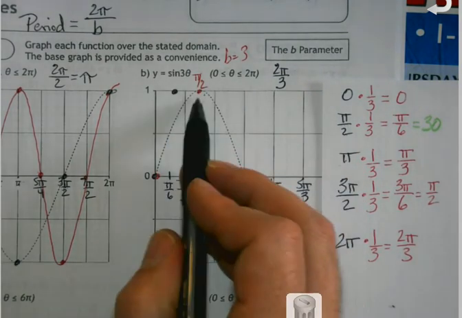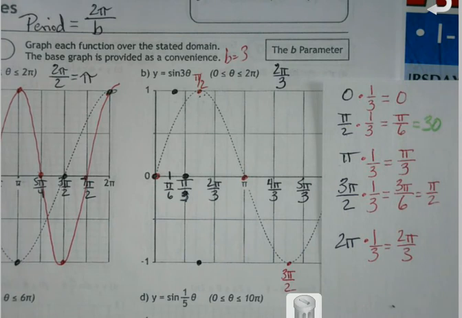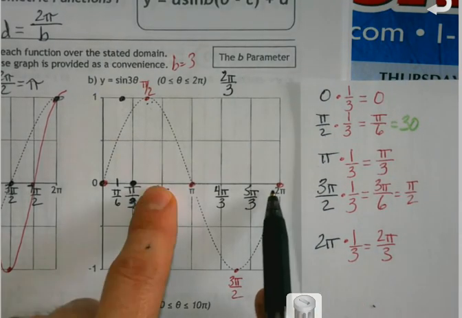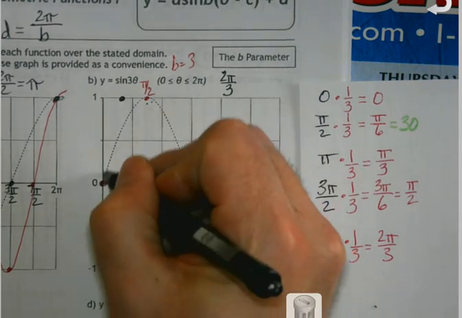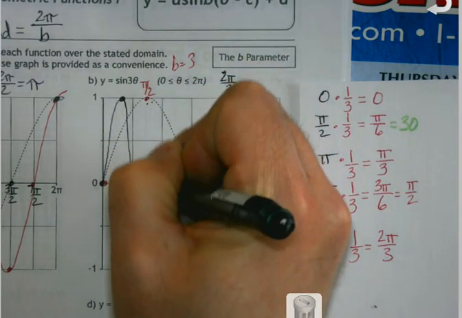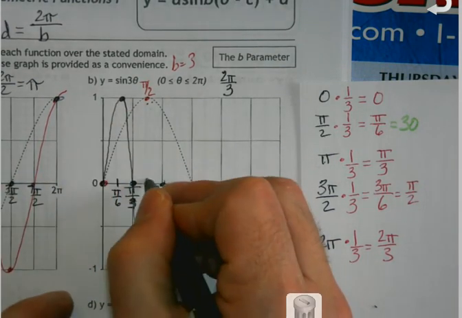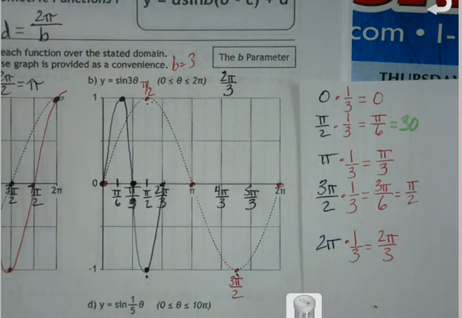See, that's why it's good to have that base graph, because I still had the pi over 2. I didn't even have to go searching for it. And then what I had at 2 pi now shifts over to 2 pi over 3. And take a look at how much we squished that sucker. The one that was originally at 3 pi over 2 moved here, and I can even put this in here if you want me to, is where that pi over 2 was at before. And that moved in on me.